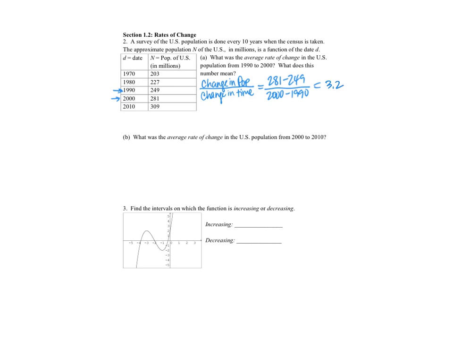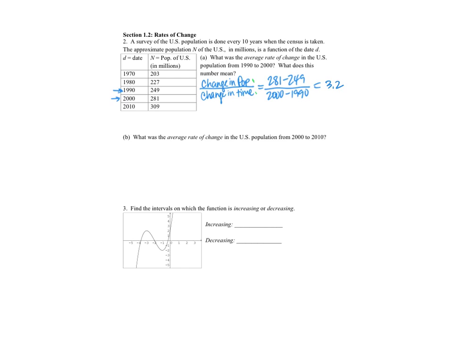And let's think about what the meaning of that 3.2 is. Well, first of all, we can think about units. And so if I look back here, I can see that I computed this by doing the change in population over the change in time. And so what are the units of population? Well, population is measured in millions of people, and time is measured in years.